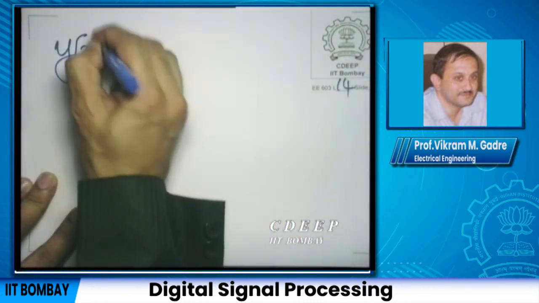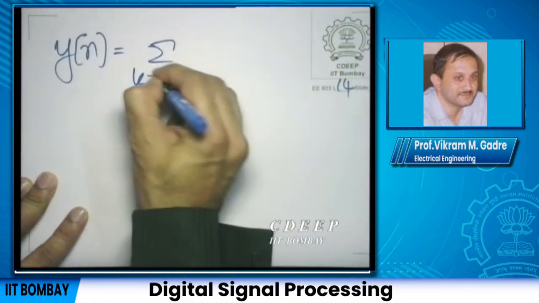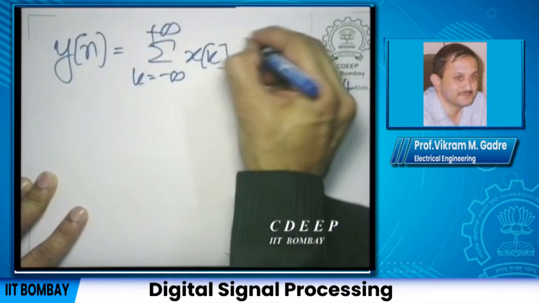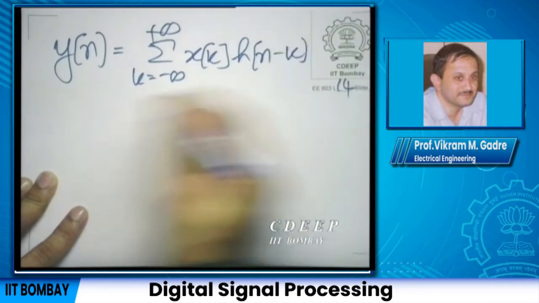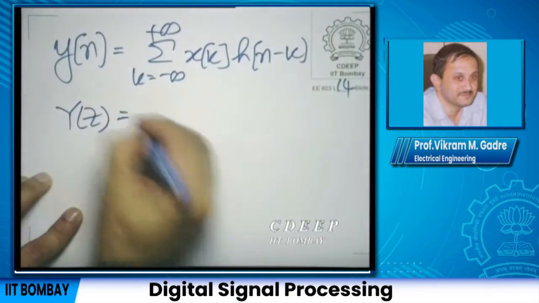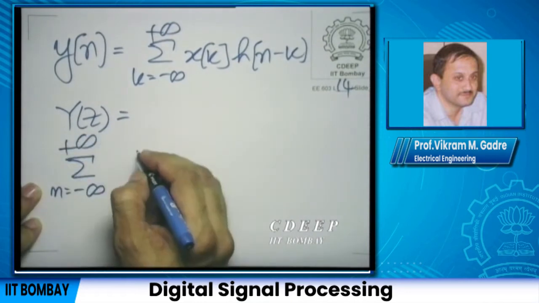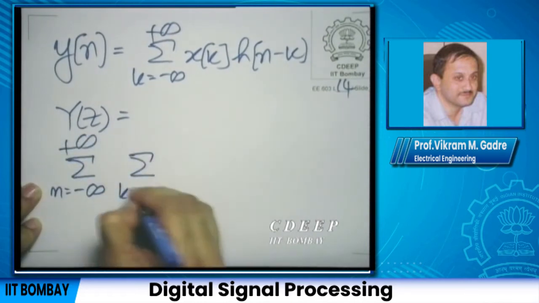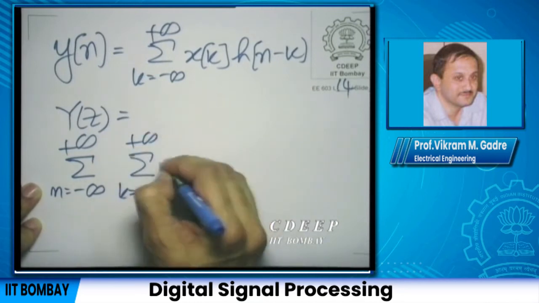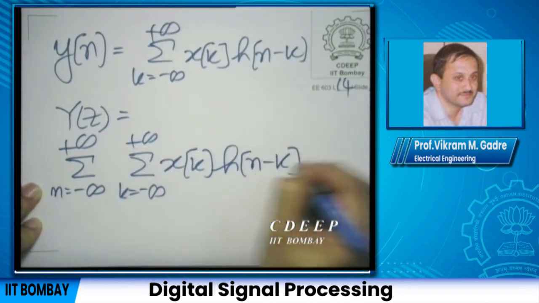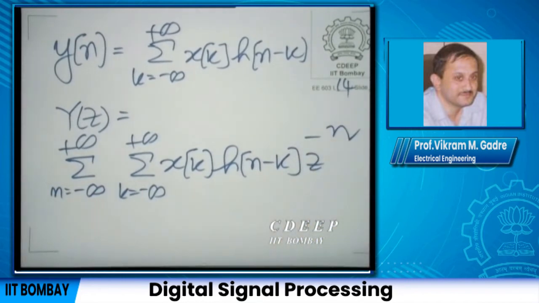So, you have y[n] is summation over all integer k of x[k] h[n minus k], whereupon we have Y(z) given by summation n over all integers, summation k over all the integers, x[k] h[n minus k] times z raised to the power minus n.